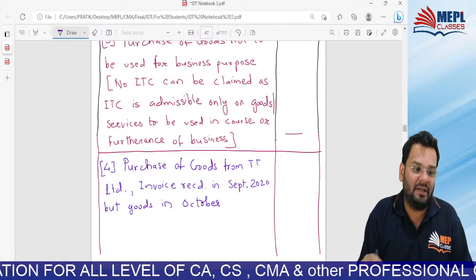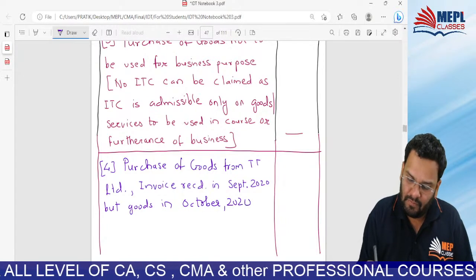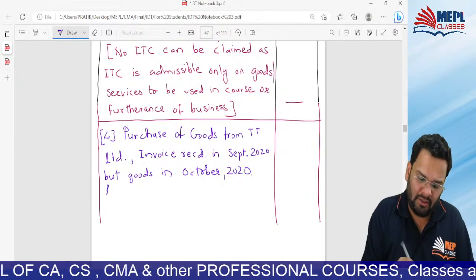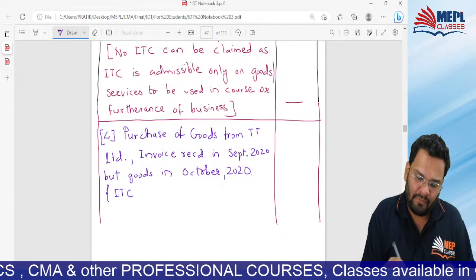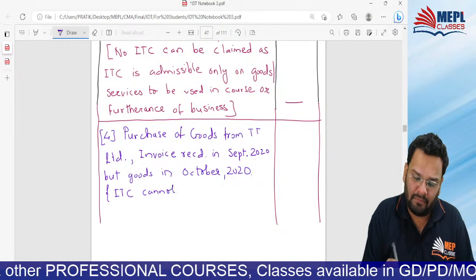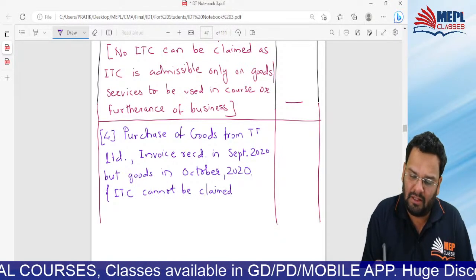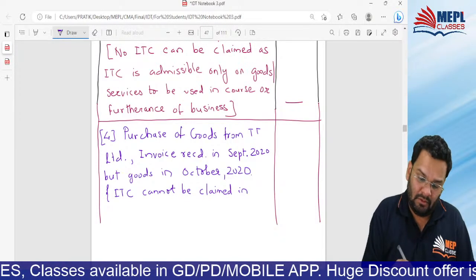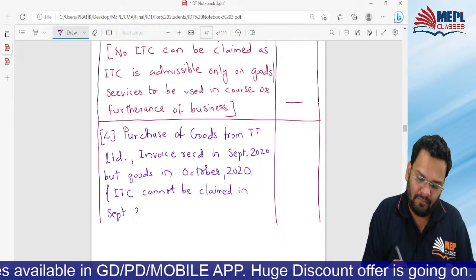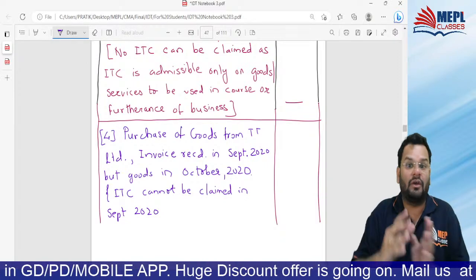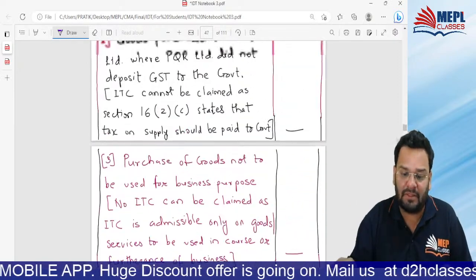So be very clear about the point that ITC cannot be claimed in September 2020. We are talking about ITC for the month of September, mind you.